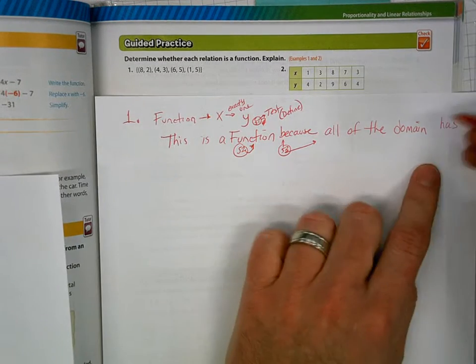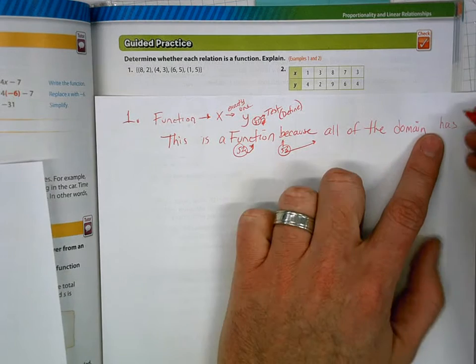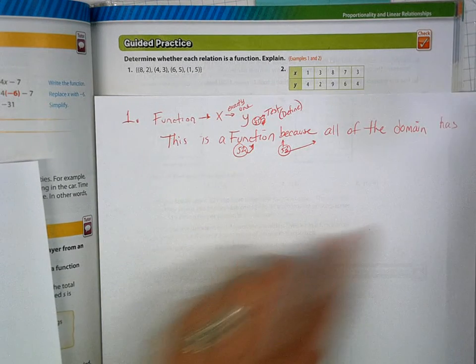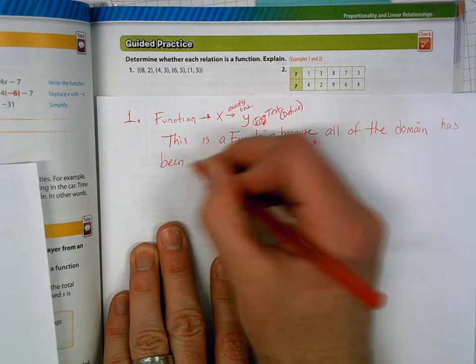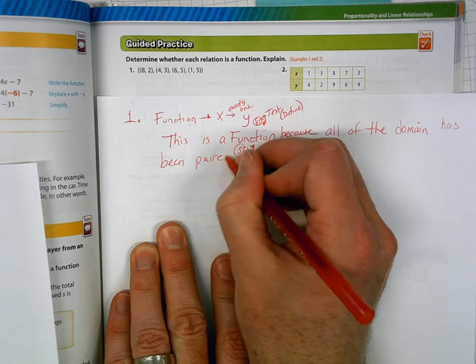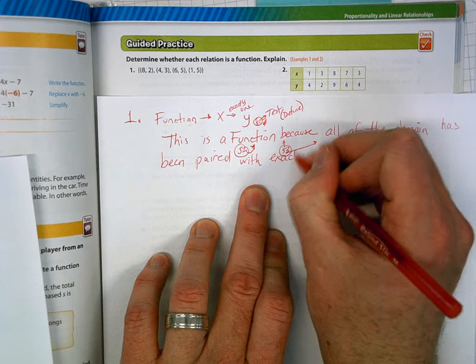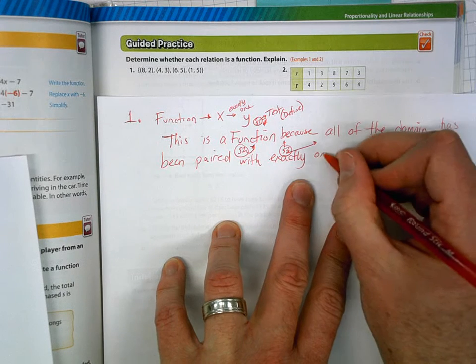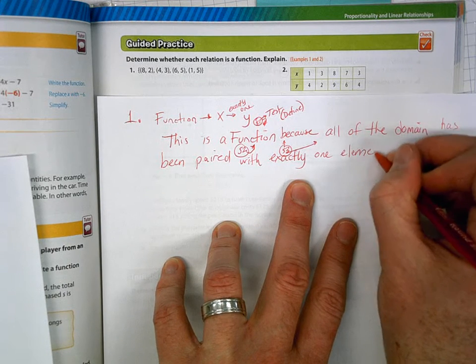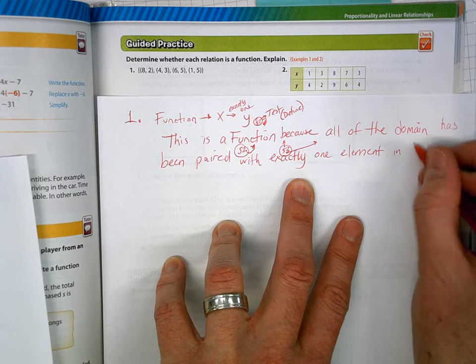So each of the domain has been paired with exactly one element in the range.